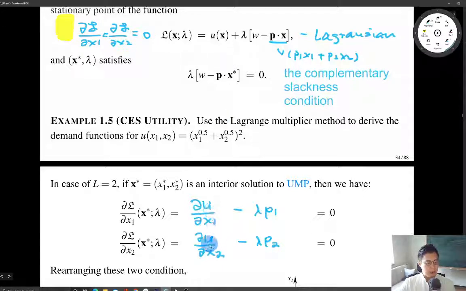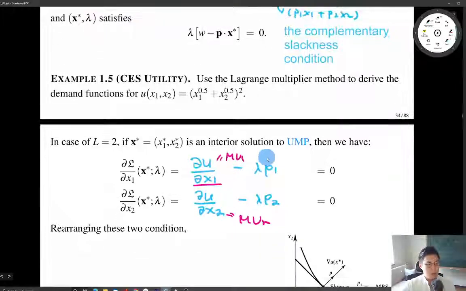The derivative of utility has a special name. We call that marginal utility, measuring the increment of utility from consuming one more unit of good 1 and good 2. So mu1, marginal utility from good 1, stands for the increment of utility by consuming one more unit of good 1, and mu2 has the same interpretation.